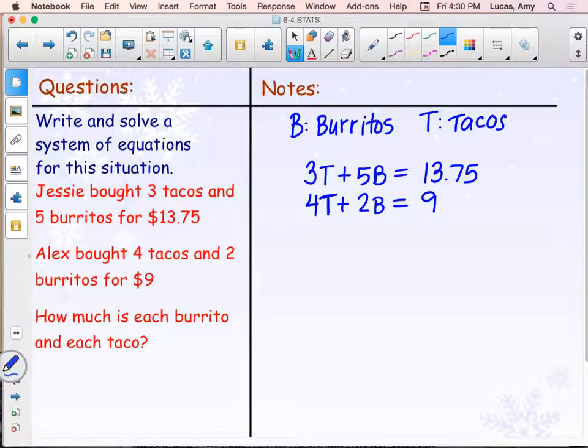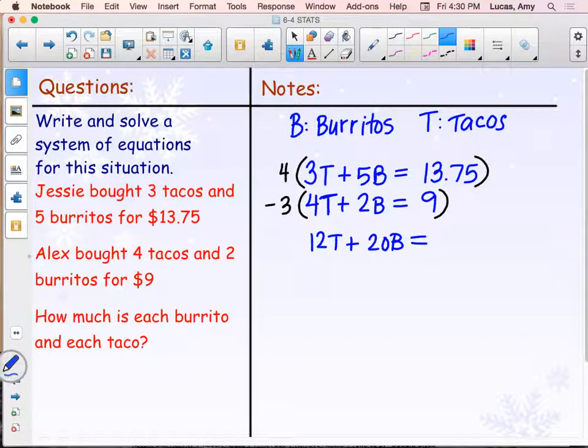In order to solve this system, I am going to have to multiply both of these equations because there isn't anything that I can multiply 3 by to turn it into 4 that would be a nice number. Same thing for turning the 2 into a 5, a -5. All right, so I'm going to flip my coefficients and put a negative on the 3.